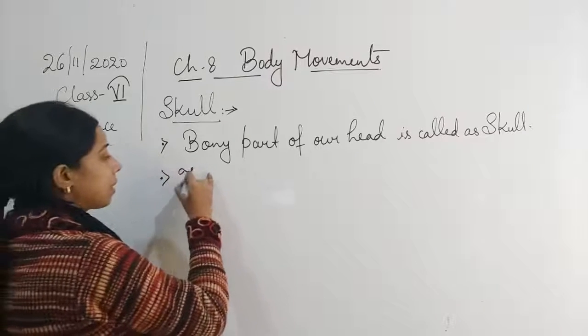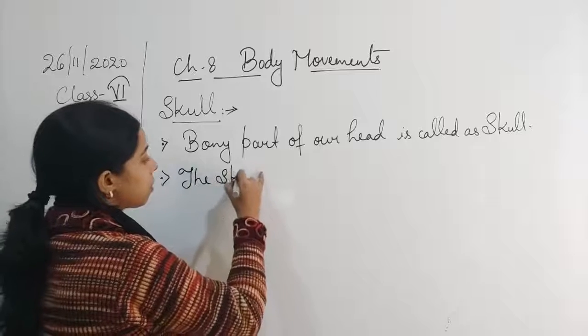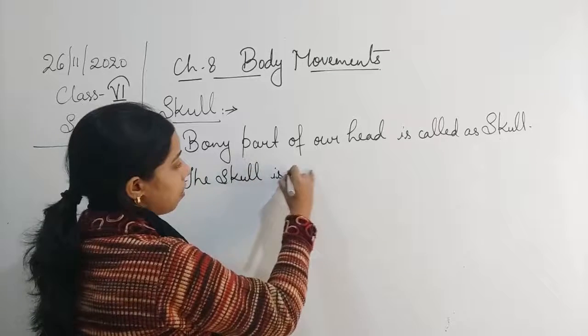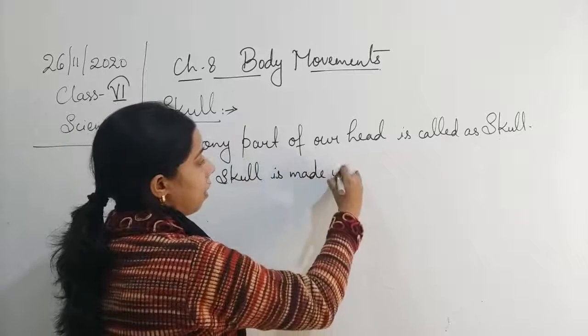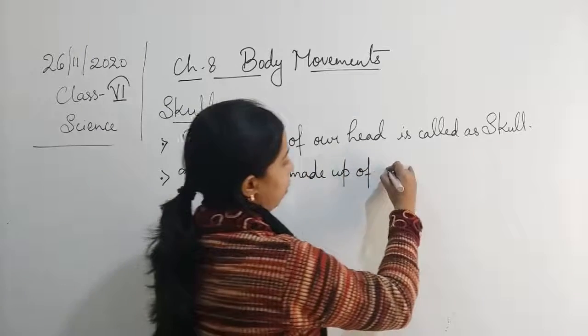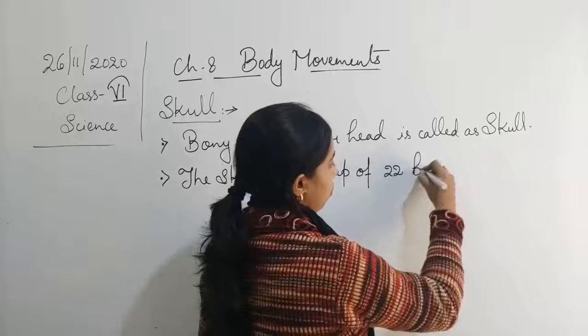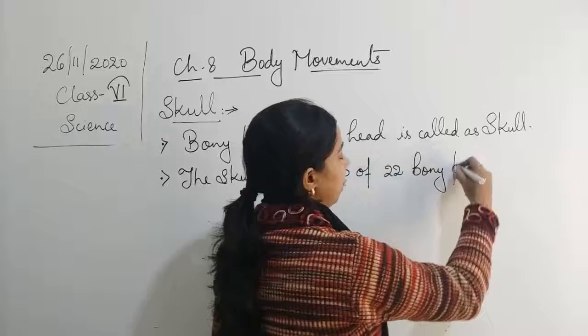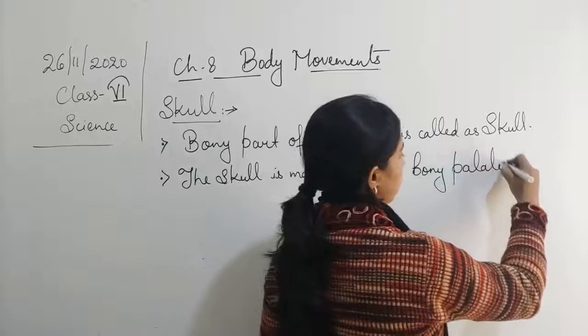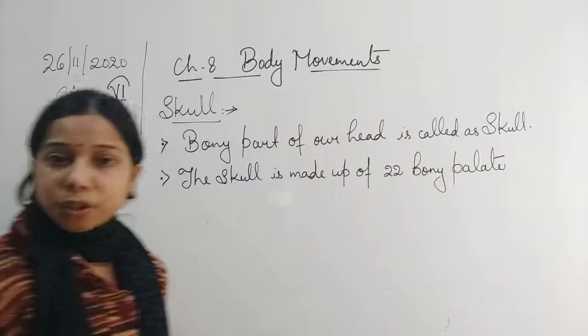So the skull is made up of 22 bony pallets joined together.